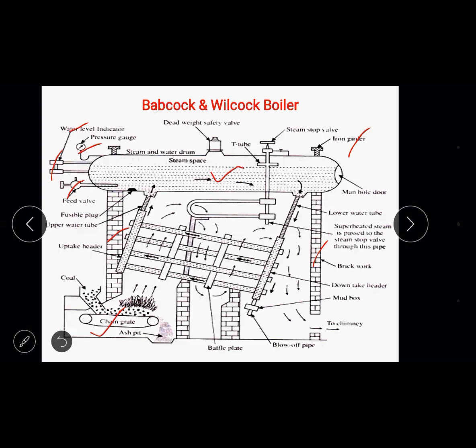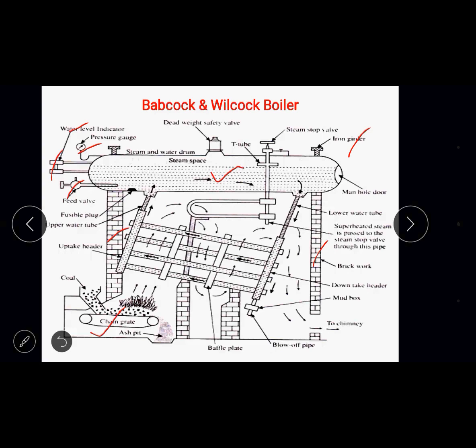With the help of that, you can easily define the pressure in bar, and from bar you can convert into MPa, because 1 MPa is 10 power 6 Pascal and 1 bar is 10 power 5 Pascal.